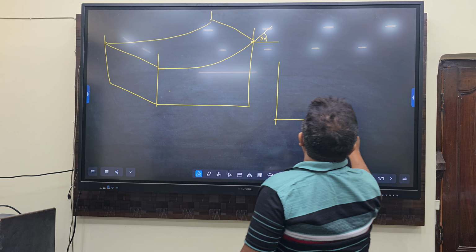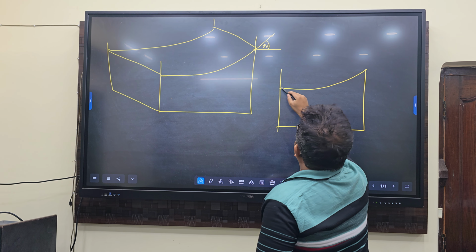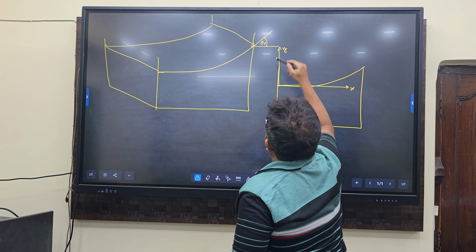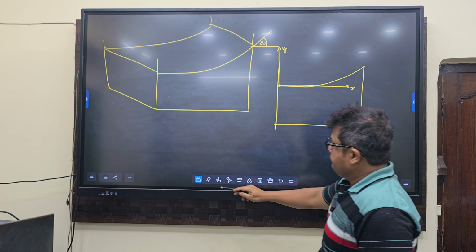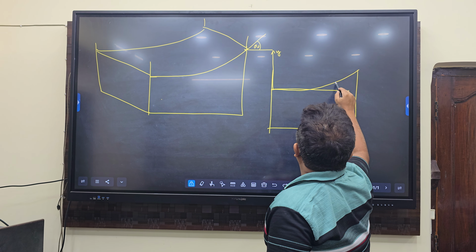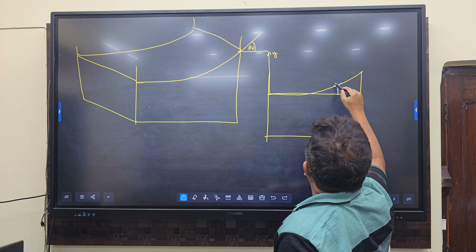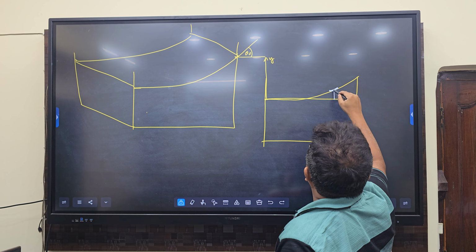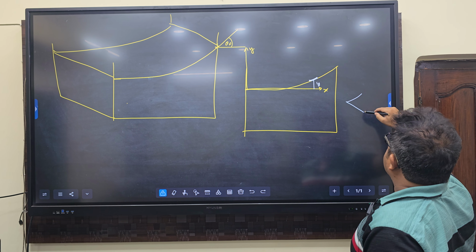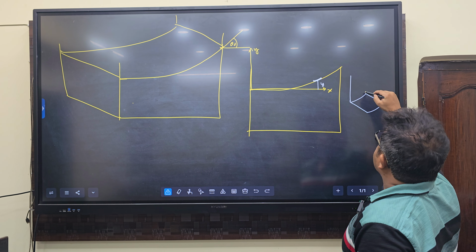Now I will again draw the 2D diagram of the same. This is the x-axis and this is the y-axis, and due to surface tension, say this is the height y, and if you consider this part of the surface, we have studied earlier that if you have a surface like this, you have two radii of curvature from two views.